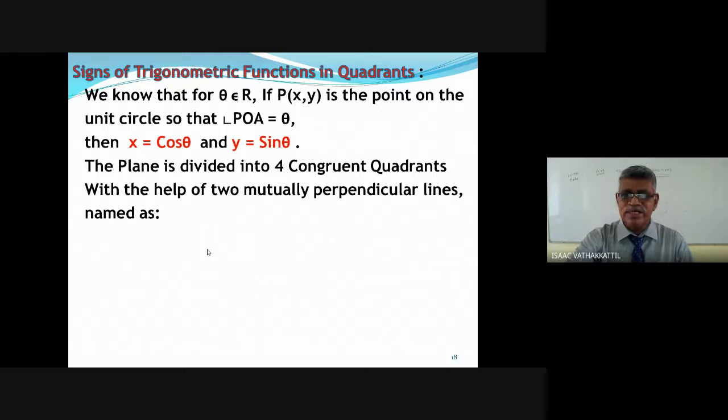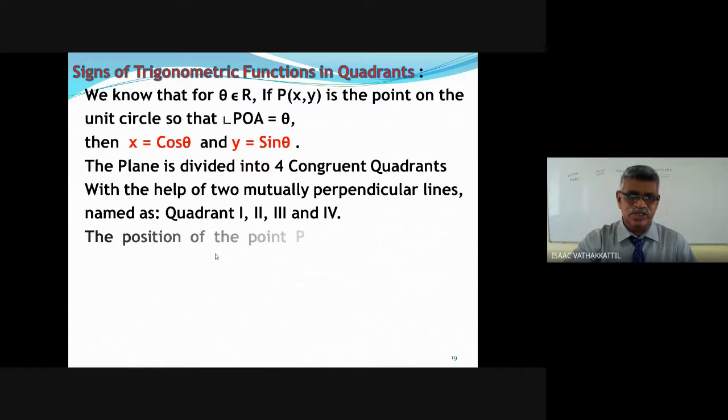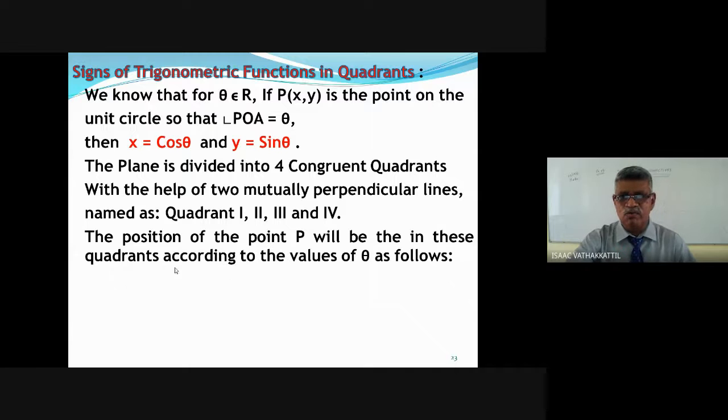The four quadrants we name quadrant 1, 2, 3, and 4. You know where quadrant 1 is, and then further we go in the anti-clockwise direction. The position of the point P, which is on the unit circle, will be in these quadrants according to the values of theta as follows.